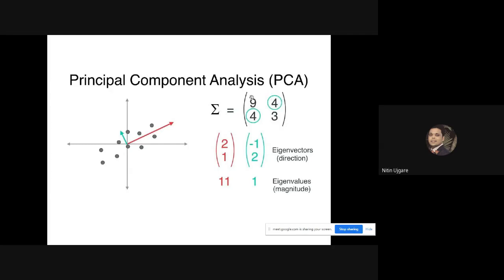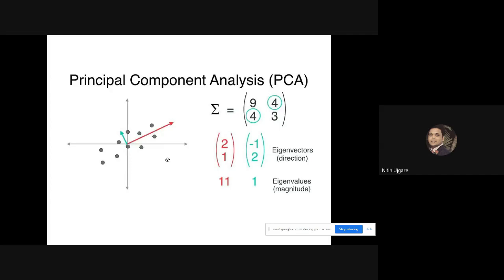This is our first point which has an x and y value, and this is the second point which has an x value and a y value. So this is the covariance of x and y and this is the variance of y. This is the variance of x and this is the covariance of x and y, which actually replaces the y variance using covariance. That's the reason we got these perfect directions of our eigenvectors.